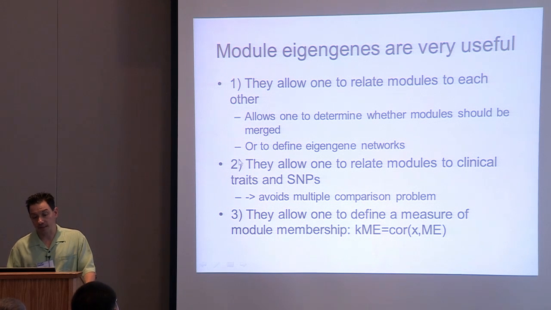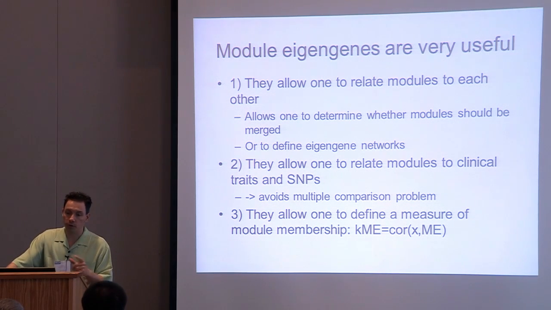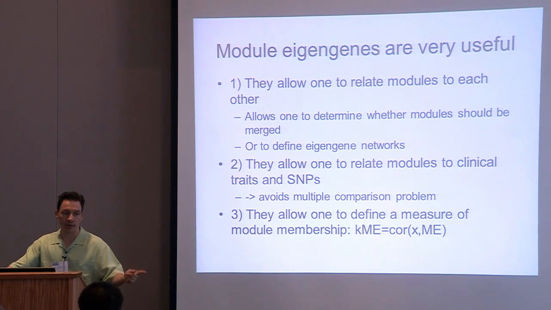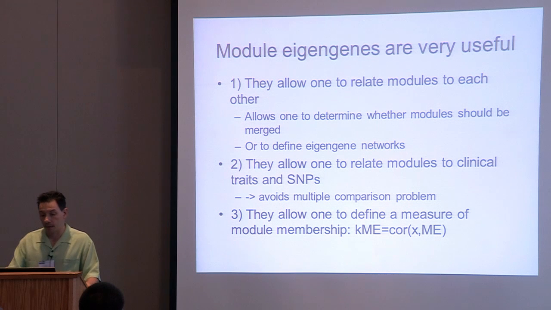The second reason why we like eigengenes is because we can relate module eigengenes to clinical traits. We can say, well, which module eigengene correlates with HDL levels, or which module eigengene shows evidence of being differentially expressed between autism cases and controls.